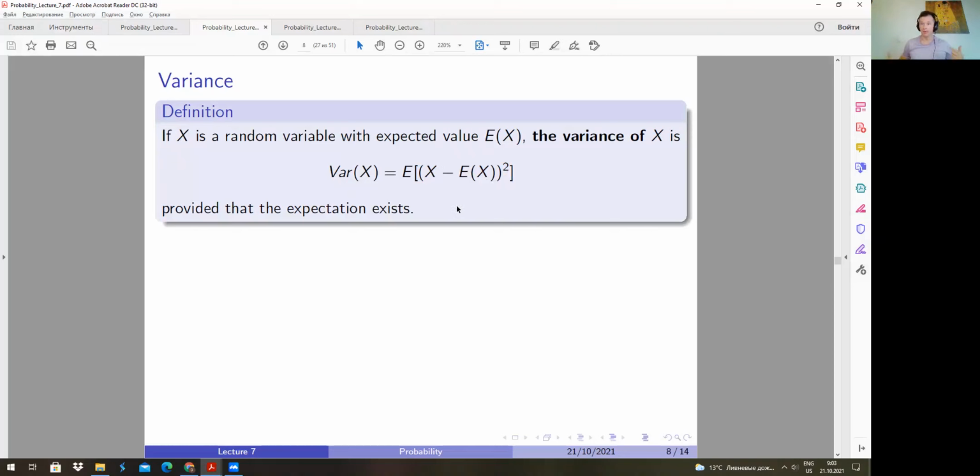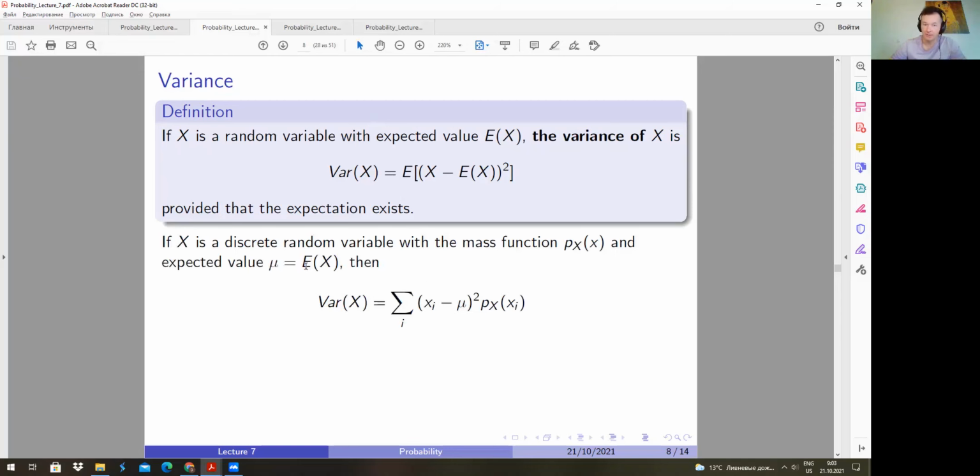So we know how to calculate expected value, and we know how to calculate the expected value of some transformation. Now we apply these two things in order to calculate something called variance.